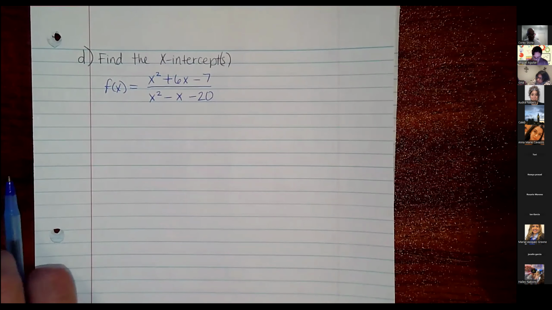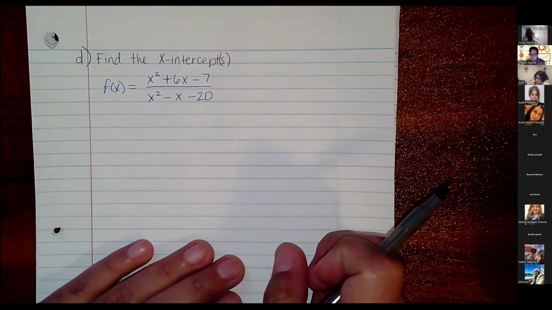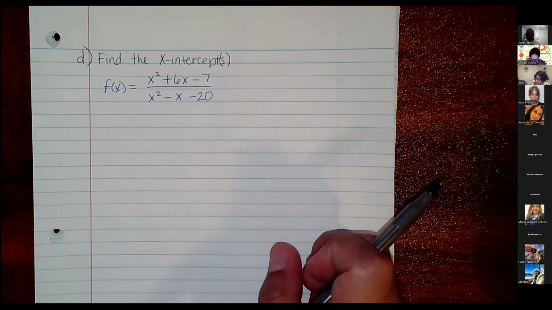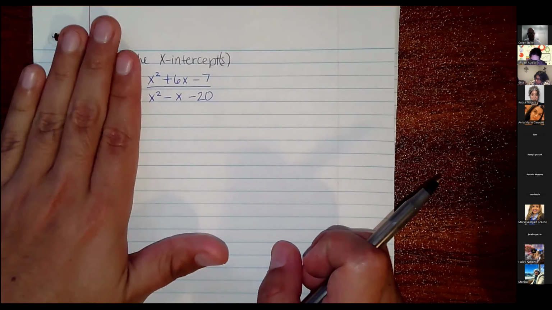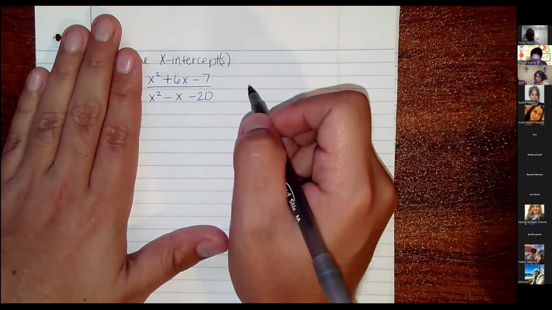Does anybody remember or have any clues? Maybe you want to take a wild guess? Set it equal to 0. Yeah. So for the x-intercept, we would usually set the entire function equal to 0.